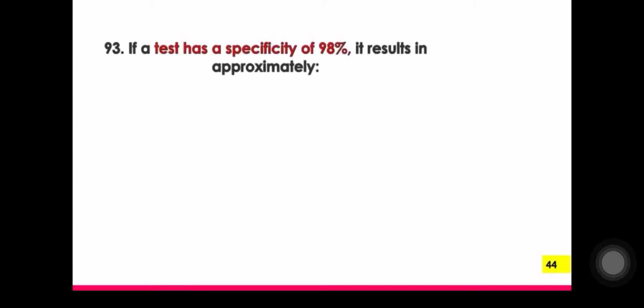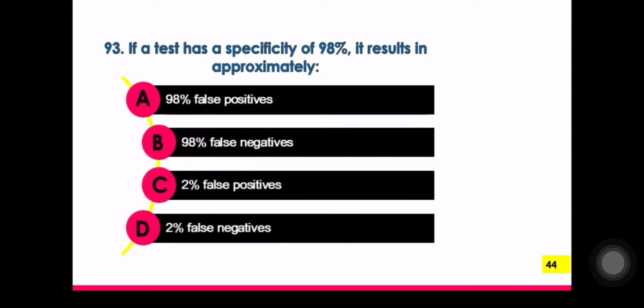Next, for number 93, if a test has a specificity of 98%, it results in approximately, letter A, 98% false positives, letter B, 98% false negatives, letter C, 2% false positives, or letter D, 2% false negatives.